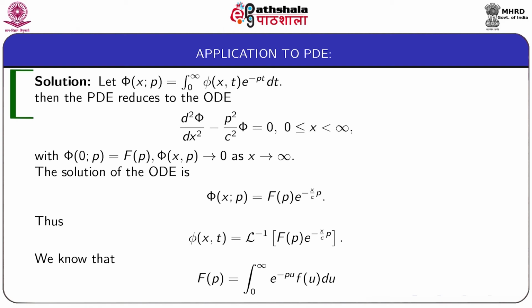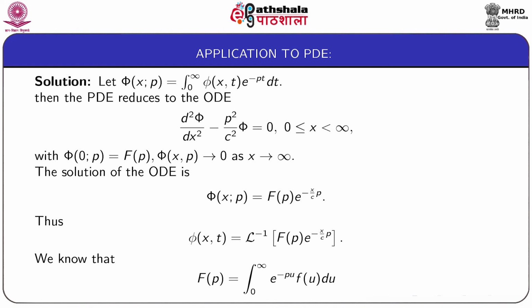To solve this initial cum boundary value problem, we consider capital Phi(x,p) to be the Laplace transform of small phi(x,t), which is defined as integral 0 to infinity small phi(x,t) times e to the power minus pt.